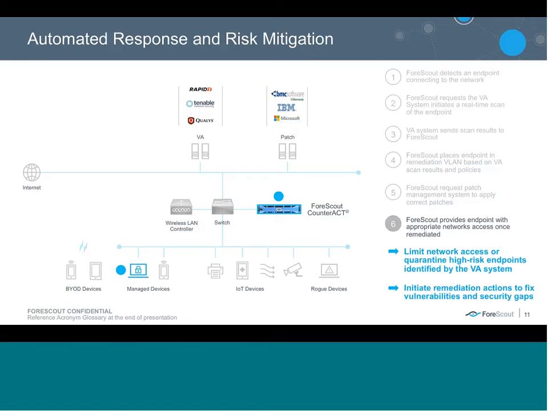And once that occurs, then Counteract can allow the endpoint back onto the network. So we limit network access by quarantining it, and we initiate remediation based on the policies and based on the vulnerability that's been identified. Now, this is where we start to get into the automation piece.